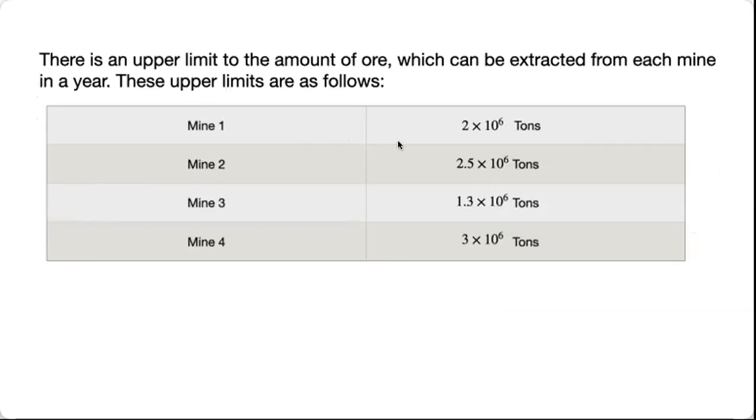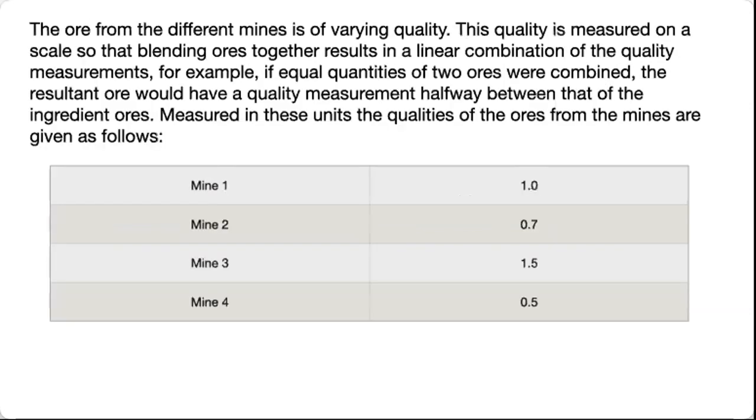Also the upper limit of ore, the amount of ore that we can extract from each mine in a year. And this is the quality of the ore from each mine.